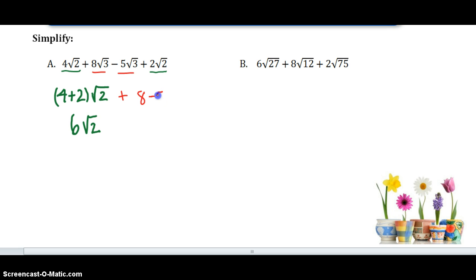So 8 minus 5, all on the radical 3. So that subtracts and you keep the sign of the larger, so that's going to be 3 radical 3. And that is the best I can do. That's as simplified as I can write my final answer because they are not like terms. This is radical 2 and this is radical 3.